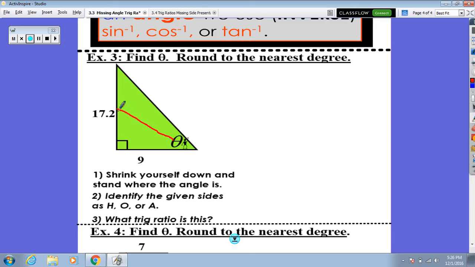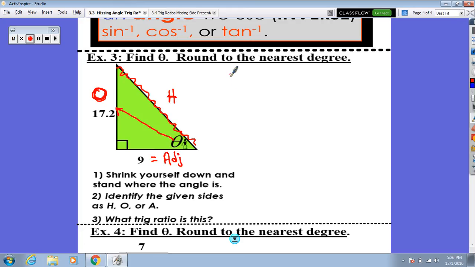So this side would be my opposite side, because it is directly across from my angle. And then of course this is my hypotenuse, because it is that diagonal side, or the side that is across from the right angle. And that leaves 9 to be my adjacent side.